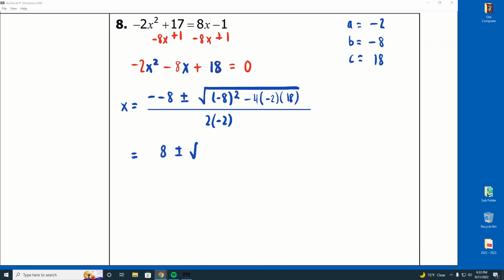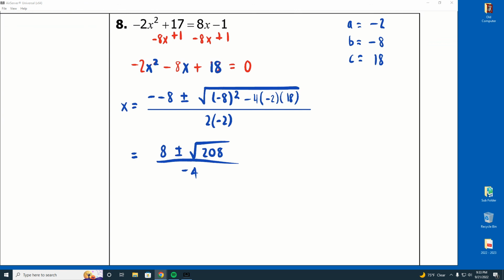Plus or minus, we're going to ignore the square root, and I'm going to go to my calculator and type in, open parenthesis, negative 8, close parenthesis squared, minus 4 times negative 2 times 18. And if you do that, you get the number 208. And all of that is divided by 2 times negative 2, which is negative 4.